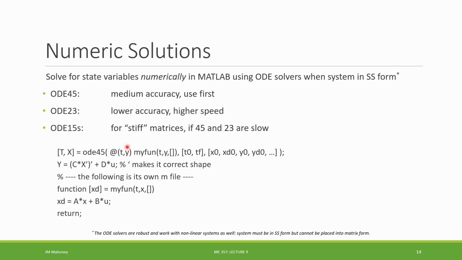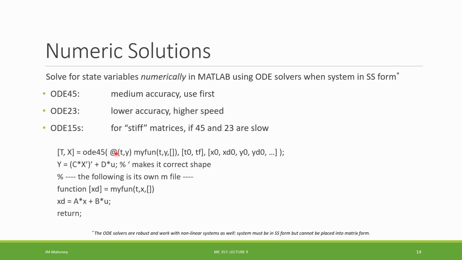Then the name of the function that contains your state equation. So that's whatever we called it down here. And then we're going to slot in here, this is why I like this order, t, the thing we're calling time, and y, the thing we're calling our state vector. So it's fine that the way I defined it down here, it was x, and then I'm using y over here.